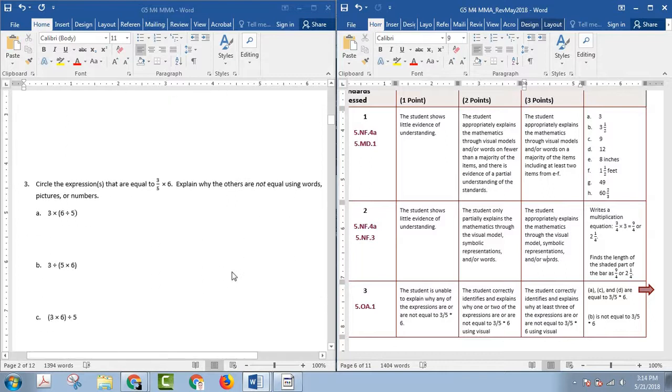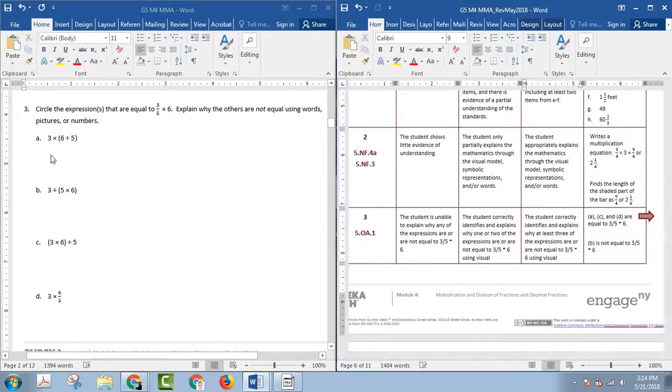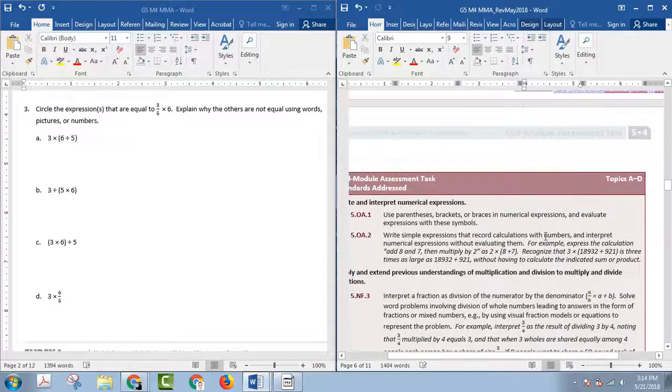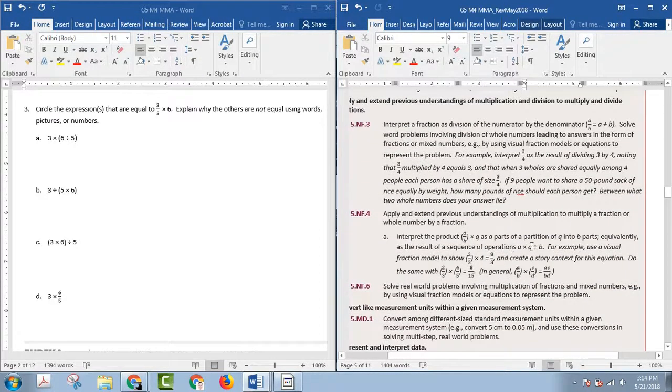For 3, we're asking whether or not each of these 4 expressions is equivalent to 3/5 times 6. So this is really asking kids to do, I mean, this is connected to 508(1), to use parentheses, brackets, and so on. But it's also interpreting products as parts, rewriting.